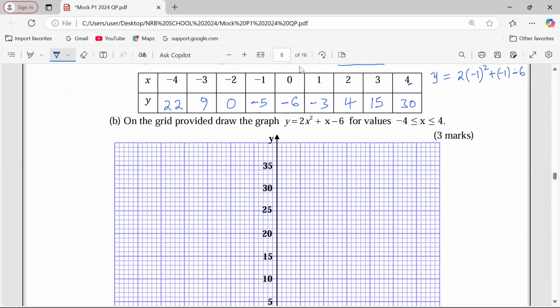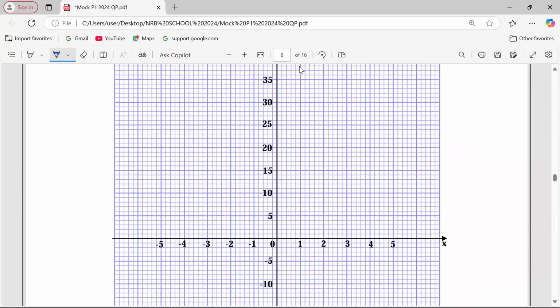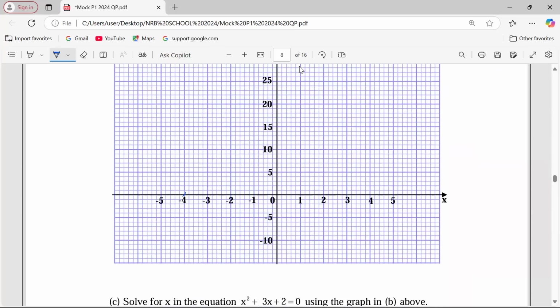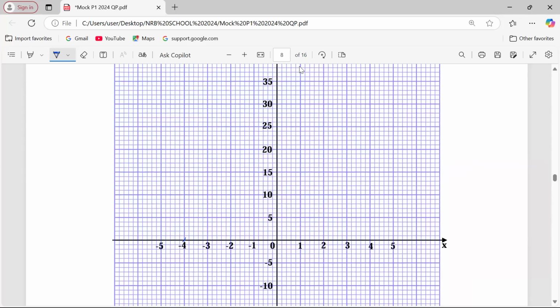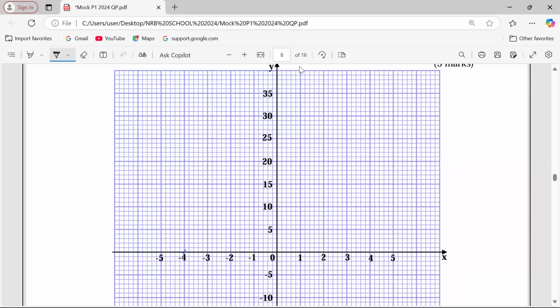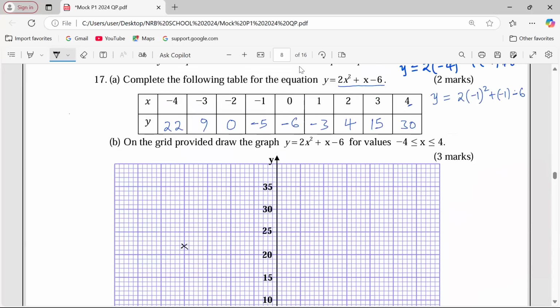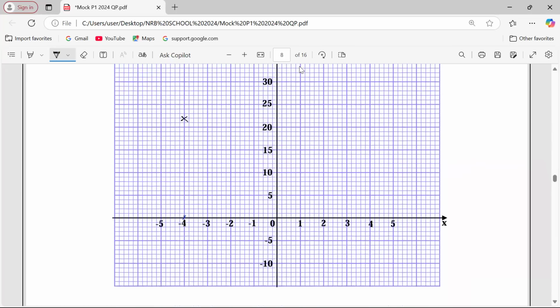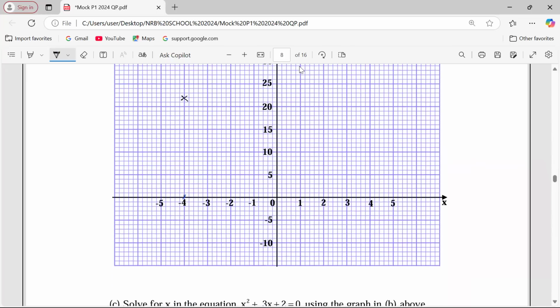So we start with the first coordinate, -4, 22. -4 is here. Let me change my color so that I may plot very well. -4, 22. That is the coordinate. -3, 9. 9 is just below 10.